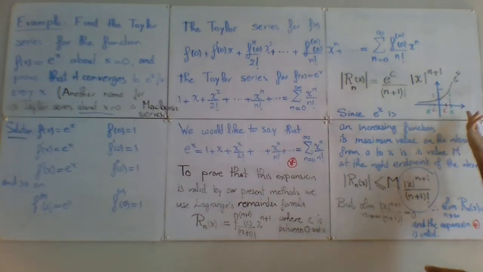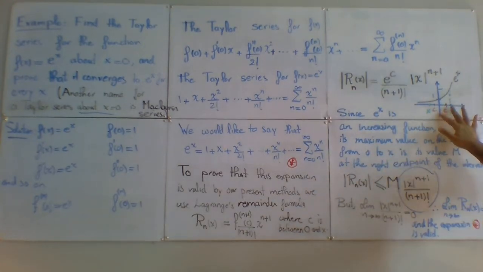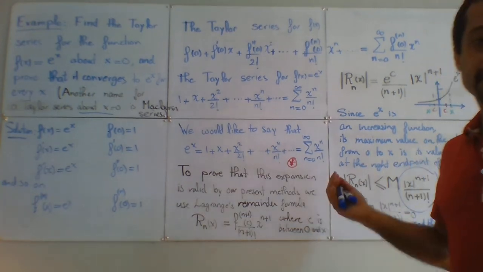Now x could be positive or negative. If x is positive, this is the interval from 0 to x, and c is in between. If x is negative, the interval is between x and 0, so c will be negative, between x and 0. But we're lucky because e to the x is a very nice function.